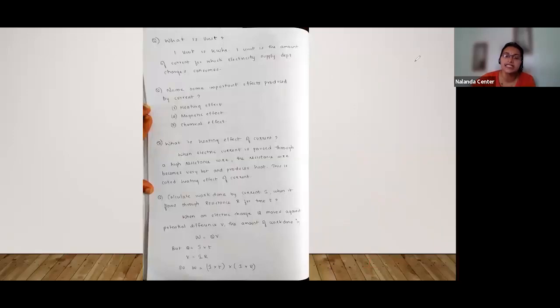We have already seen the formulas of work as well as energy. You remember the three formulas that we wrote: work and energy. The same heat energy can be written as I square RT, V square by R T, or VIT. All right. This is what we are talking about.